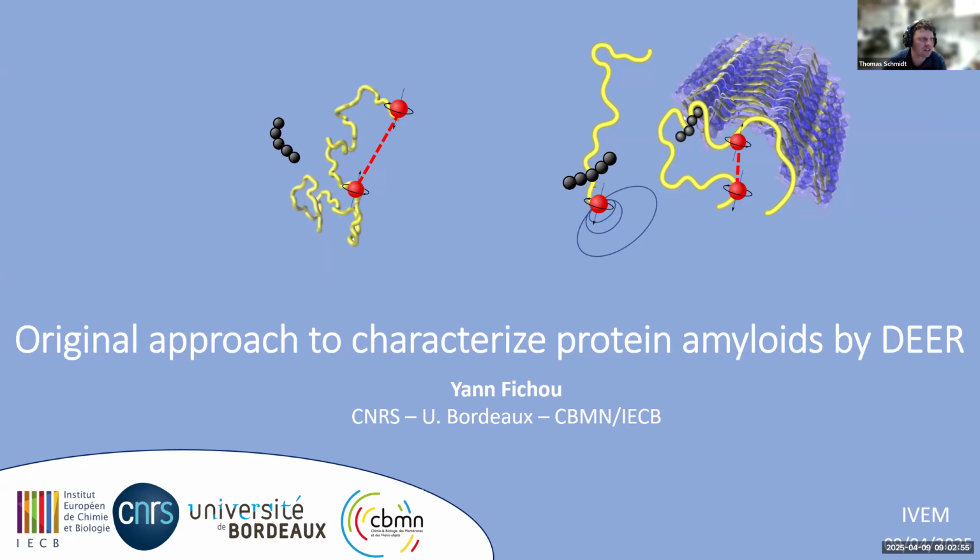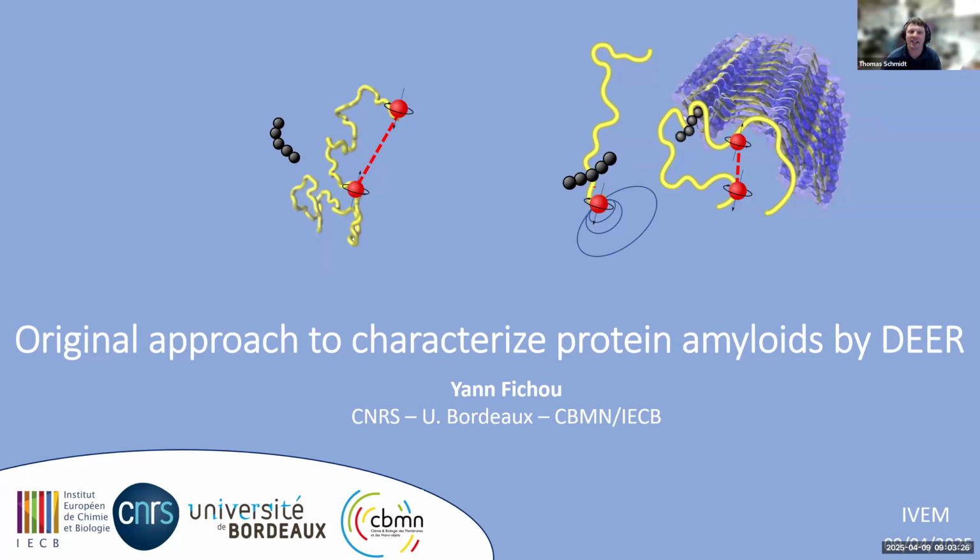Yann Fichou is a professor at CNRS in Bordeaux, where he is doing research on amyloid and associated amyloid diseases, specifically the aggregation of tau fibrils, which he has elaborately studied since his postdoctoral studies with Song Han, and he developed some very nice features, such as the idea of how to develop the background function for an amyloid.